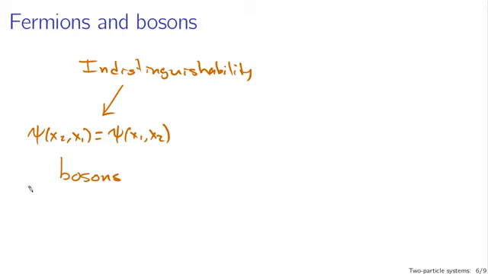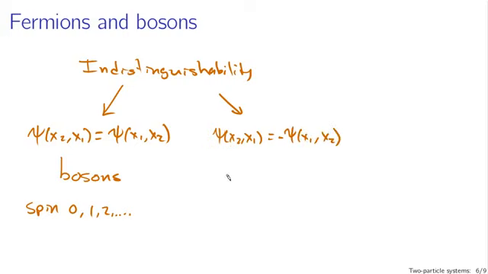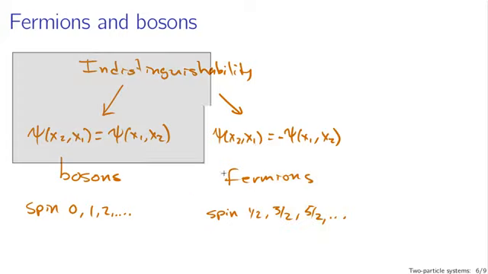And bosons were the particles that we talked about earlier that had spin, integer spin, 0, 1, or 2, etc. If you make the other choice, say psi of x2, x1 is equal to minus psi of x1, x2, that's the case for fermions. And fermions, we said earlier, were particles with half-integer spin. Spin 1/2, 3/2, 5/2, etc., on up to infinity. There's actually quite a lot that you can do with this.